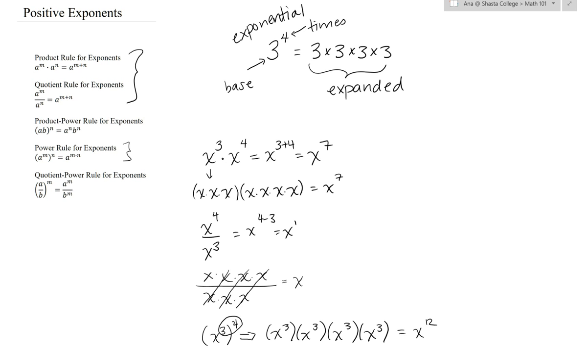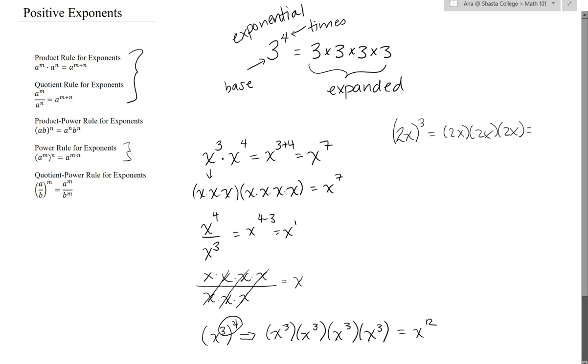The product power rule involves multiplication of 2 different bases raised to the same power. For instance, I could have 2x to the 3rd. That is the same thing as 2x times 2x times 2x.